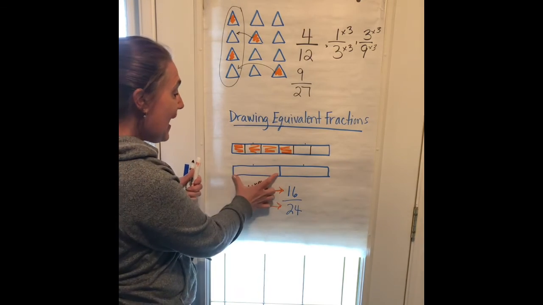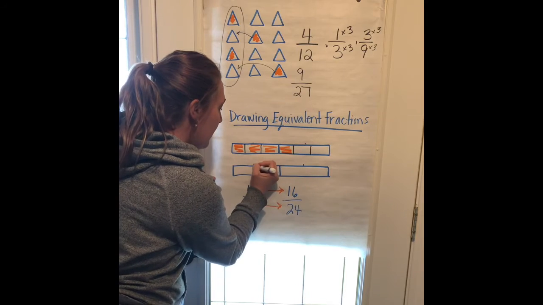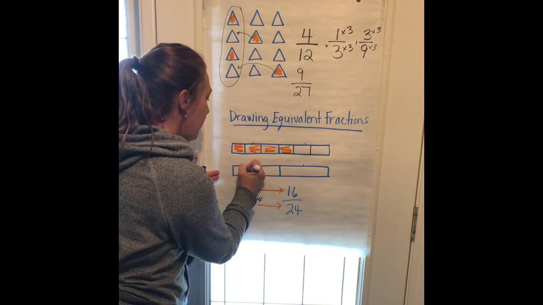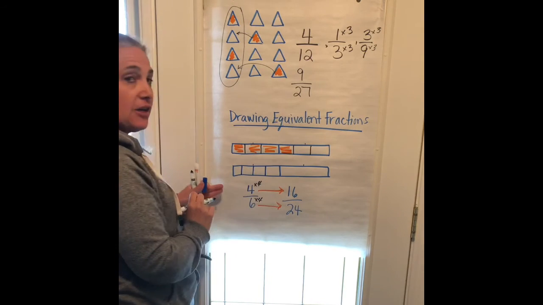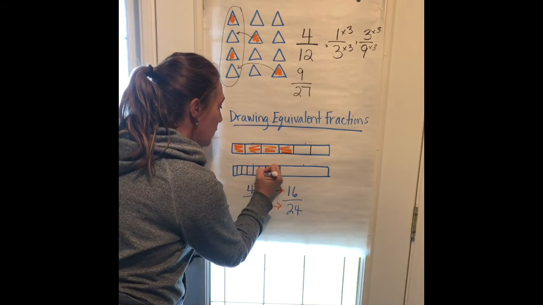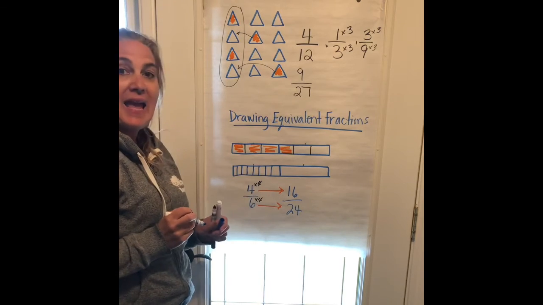In order to make 8 equal sections on this side, I'm going to split that half in half again. Then I'm going to split this half and this in half. Now I've got 4 equal sections, but I know I need 8. So I'm going to go ahead and split all of these little sections in half again. Now I've made 8 equal sections.